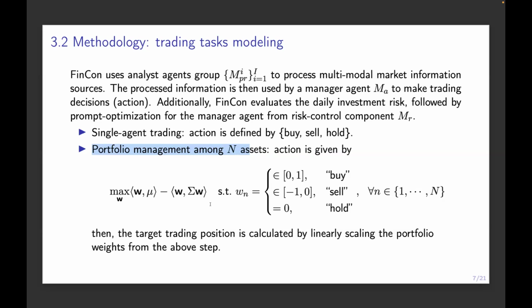FinCon uses an external optimization solver to solve such mean variance optimization problems. However, the large language model agent gets involved in the constraint part. The LLM-based agent gives the action for each asset.